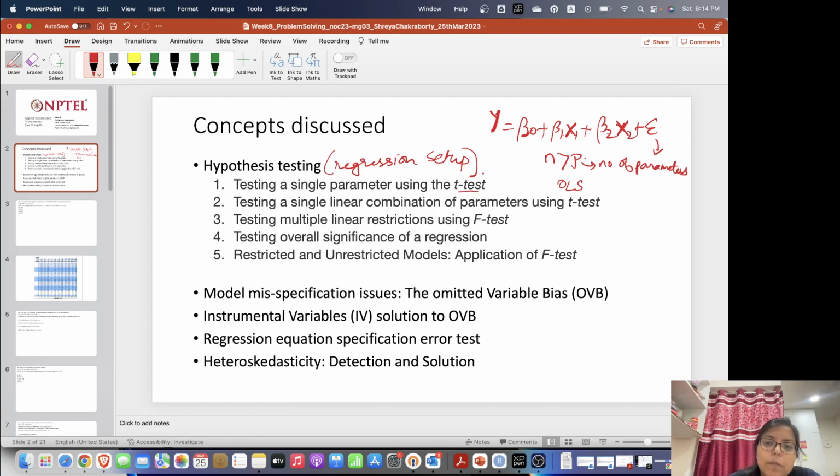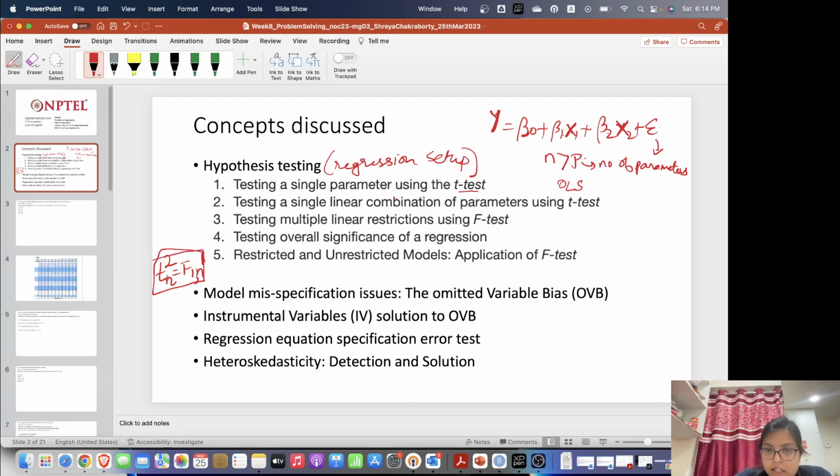Now we should bear in mind that there is a relationship between a t and an f statistic. If we take t square with n degrees of freedom, then we would get an F(1, n) statistic. Okay, so this relationship holds.